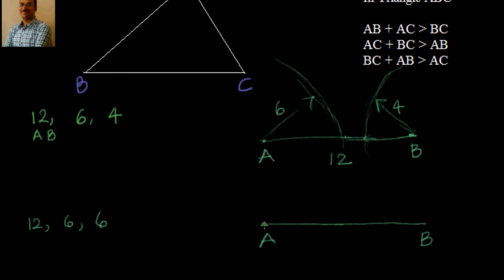Then from A I have to go to the midpoint, let us say it is here. That is 6. So from here I'll draw the arc, with this as the center and this as the radius. The arc somehow looks like this.